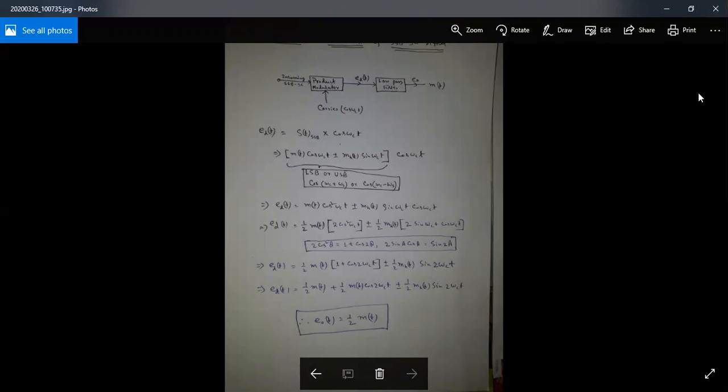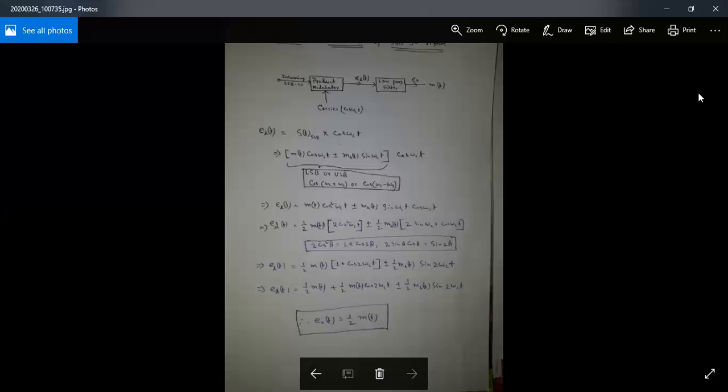Now, just go through the block diagram in the very top portion of this slide. Here, from the very leftmost portion, you see the incoming SSB-SC signal, that means the SSB-SC modulated wave, as an input of a product modulator.